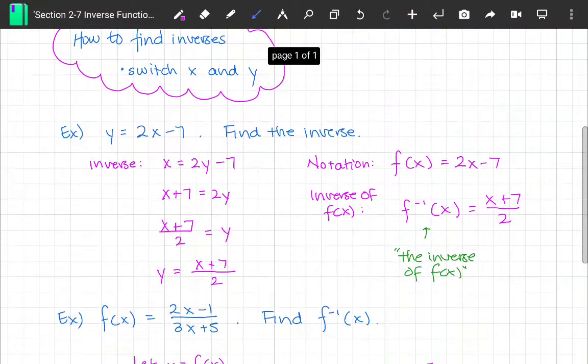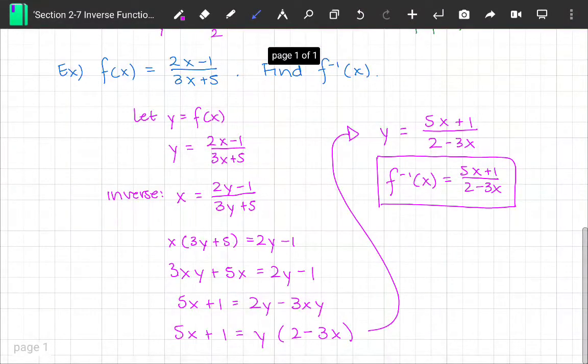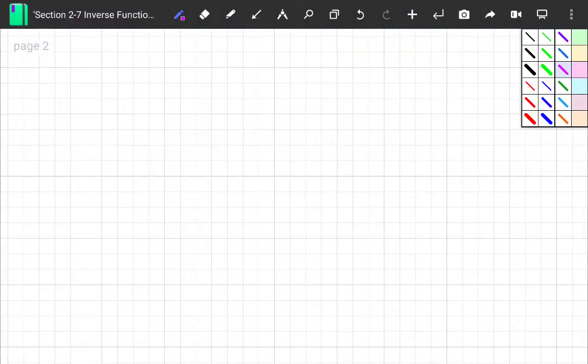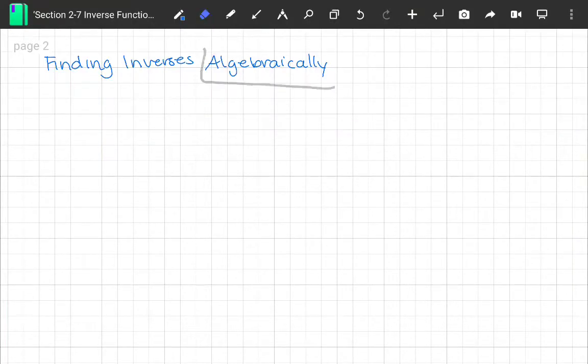Now, how do you find inverses algebraically? Finding inverses algebraically. Well, let's think about this. I mean, we know to find them, I don't want algebraically, I want graphically.